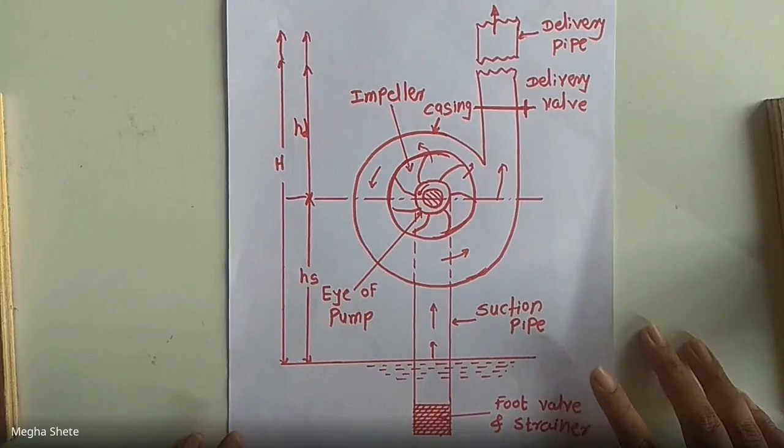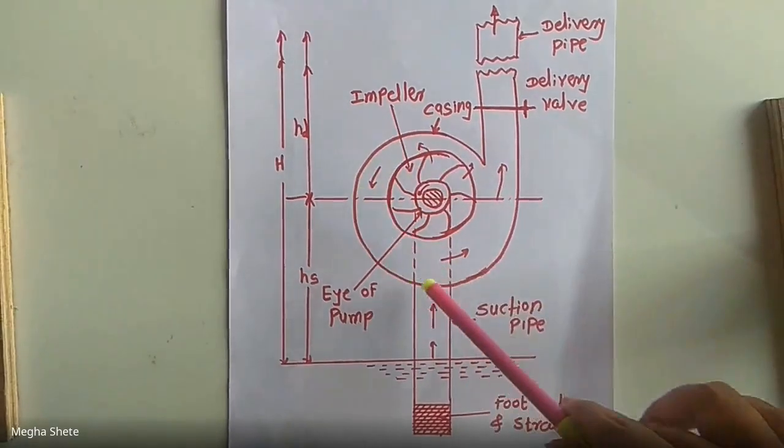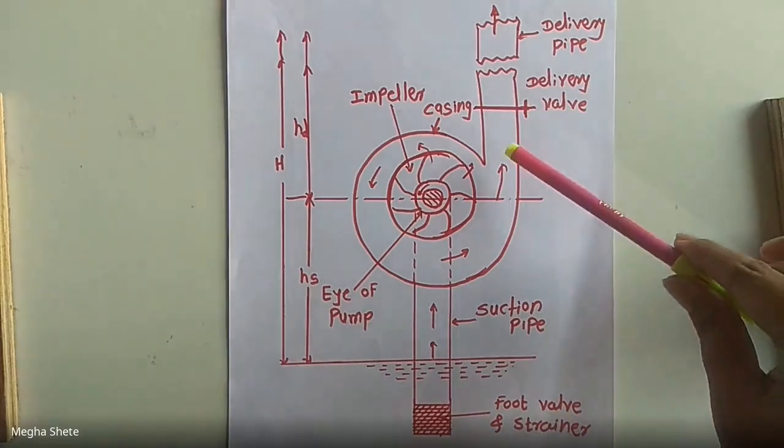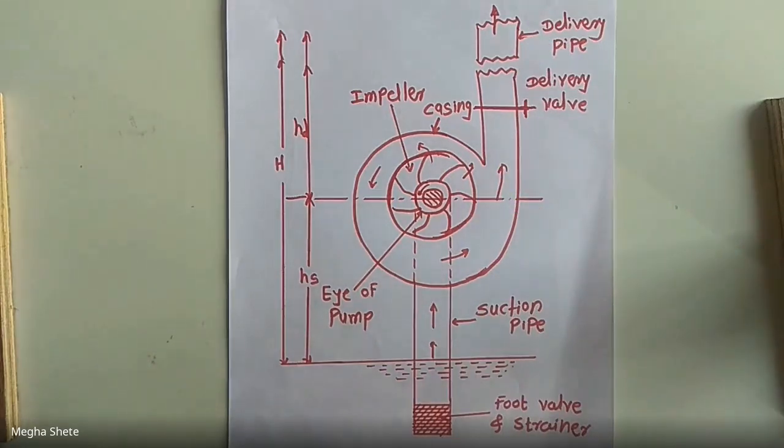This is the schematic diagram of the main parts of the centrifugal pump. The first part is impeller. Second part is casing. Third part is suction pipe with footvalve and strainer. Fourth part is the delivery pipe with delivery valve.